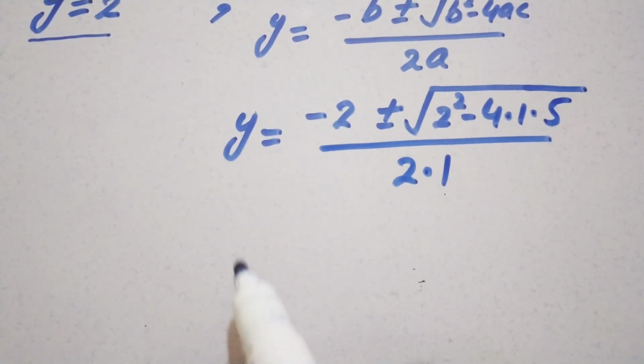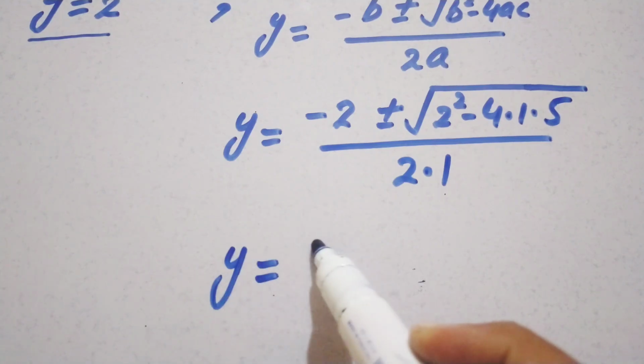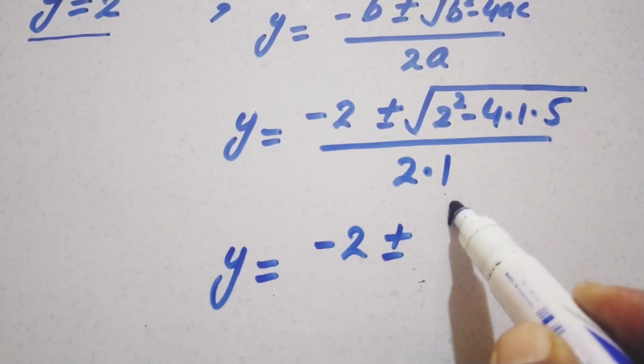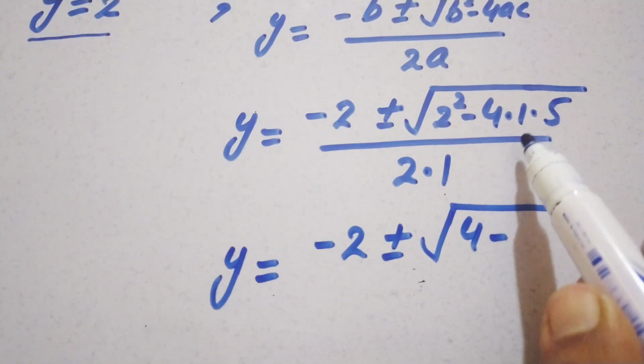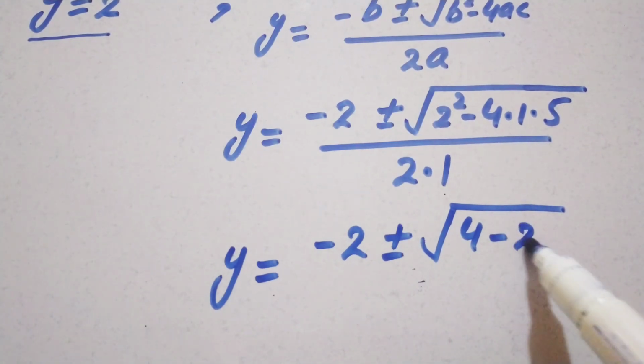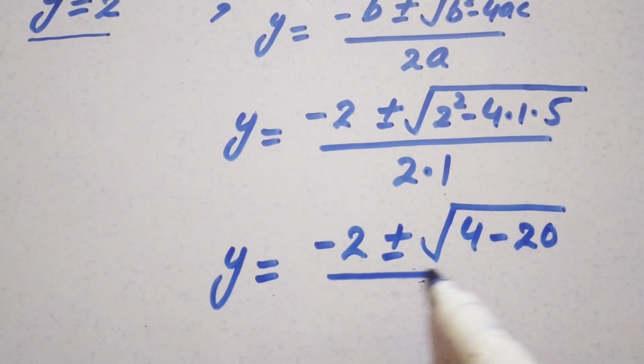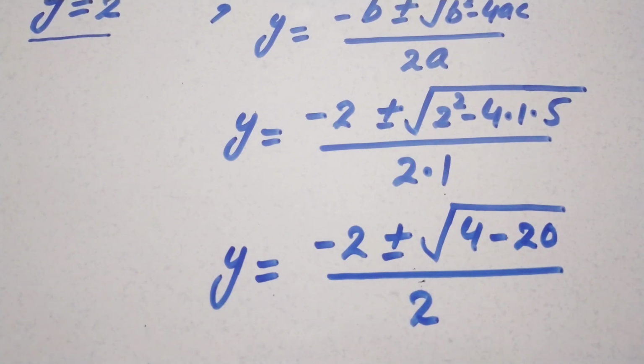And now y is equal to minus 2 plus minus square root of 2 squared, which is 4, minus 4 multiplied by 1, 4, and 4 fives are 20, divided by 2.